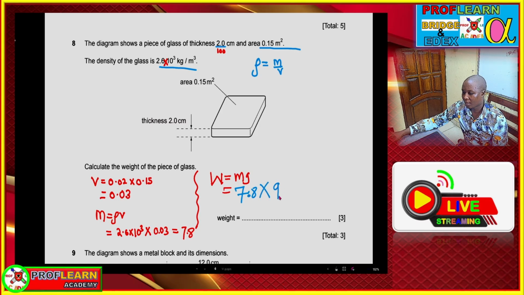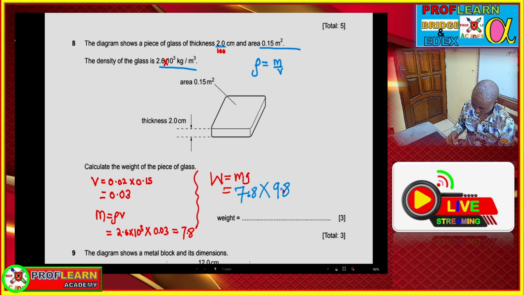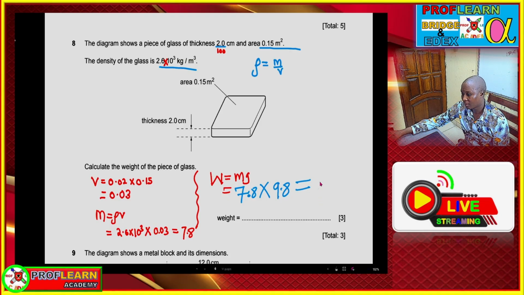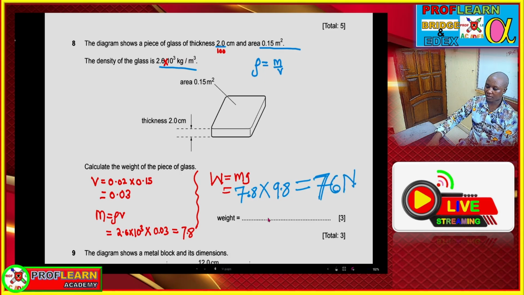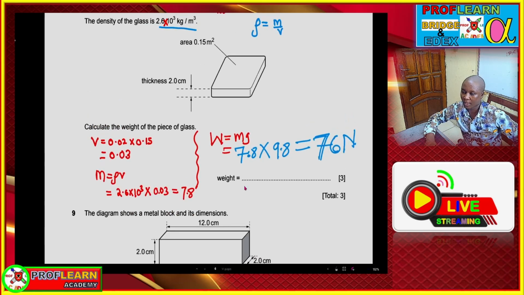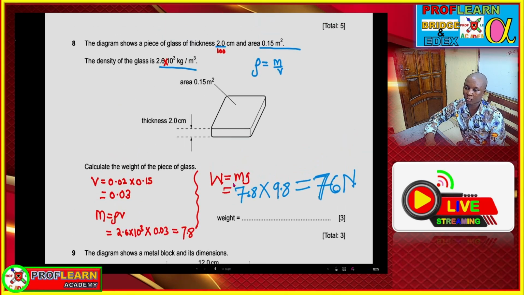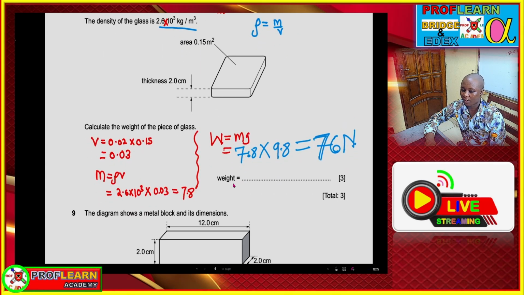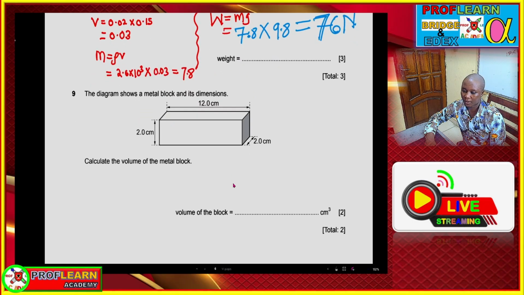If we multiply by 9.8, we are going to get our final answer as 76 Newton. So that's questions to do with density. You have to remember those particular steps.